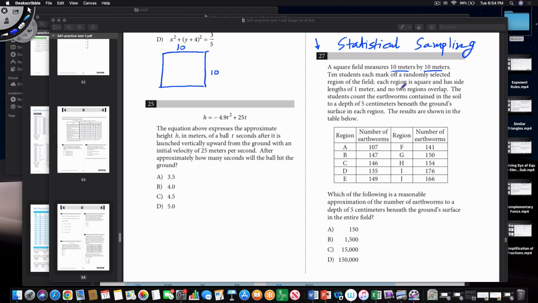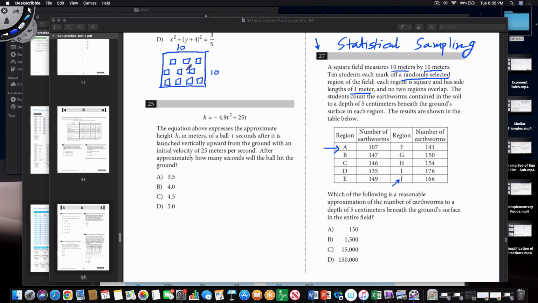And in this region, they have randomly selected 10 regions, A through J, each of which is a 1 by 1 square. So they've selected 10 of these 1 by 1 squares. Okay.